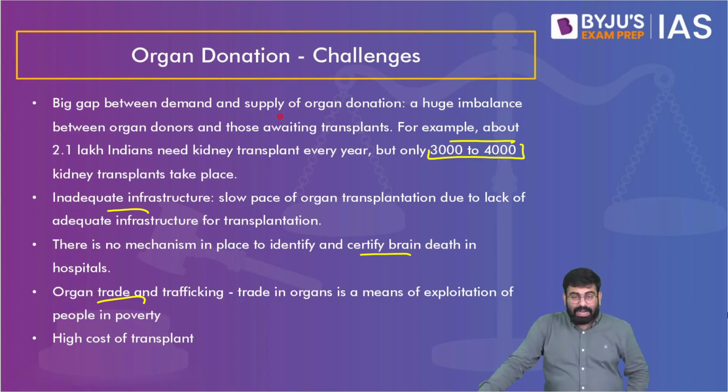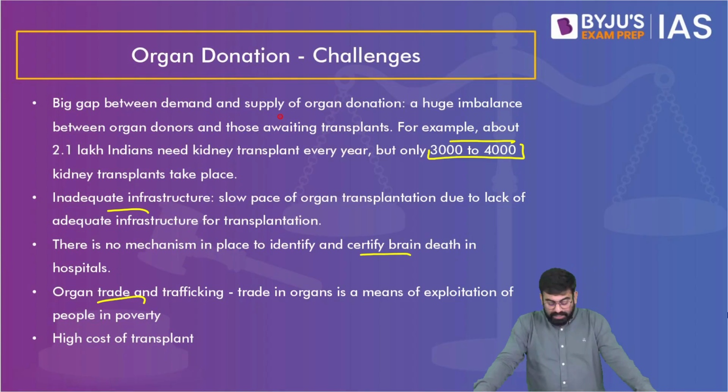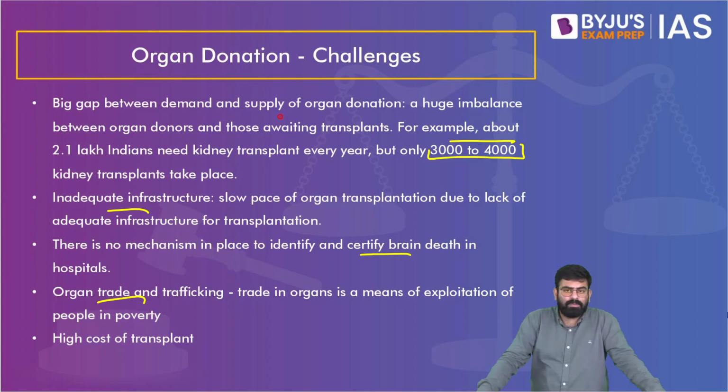Then organ trafficking, particularly in women and children and people coming from weaker socioeconomic backgrounds, you find various reports which highlight this problem, that children are being trafficked, children are being kidnapped, their organs extracted, and then pushed into organized crime, or pushed into various groups of beggars, etc.